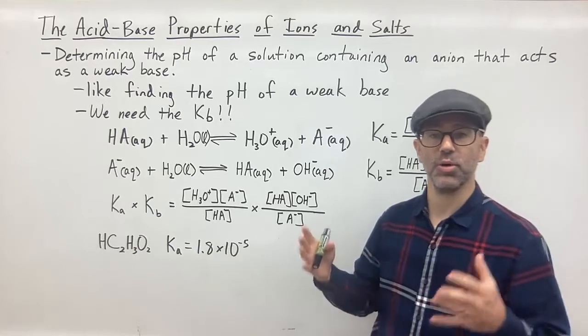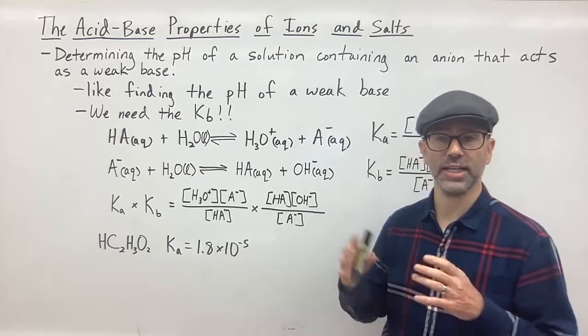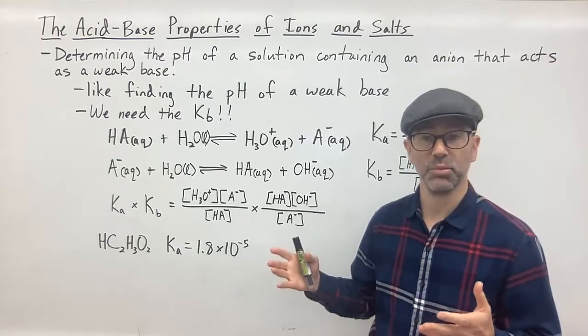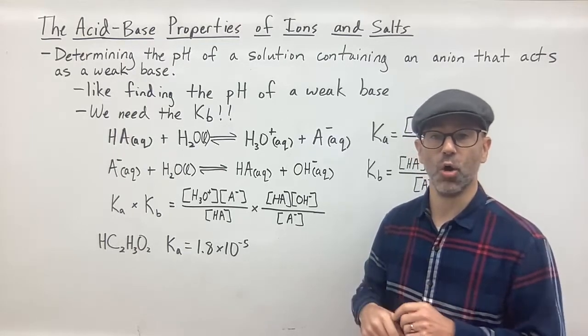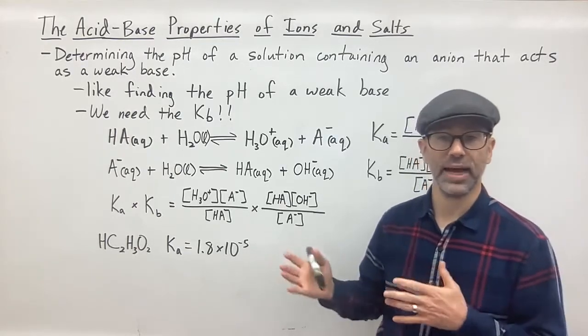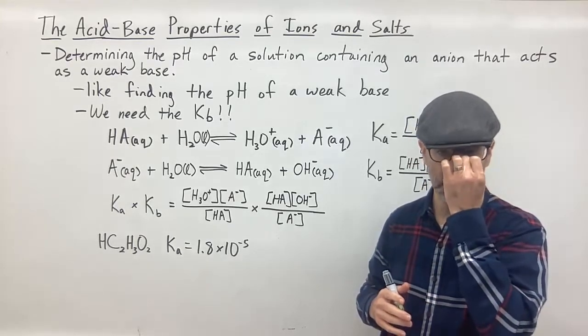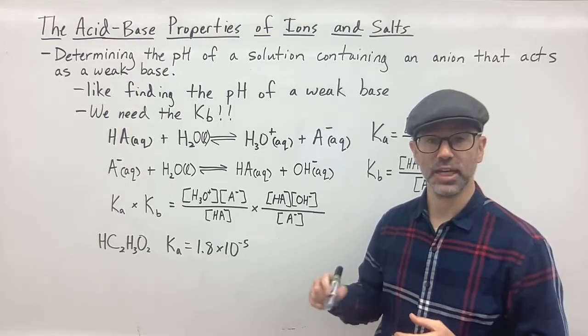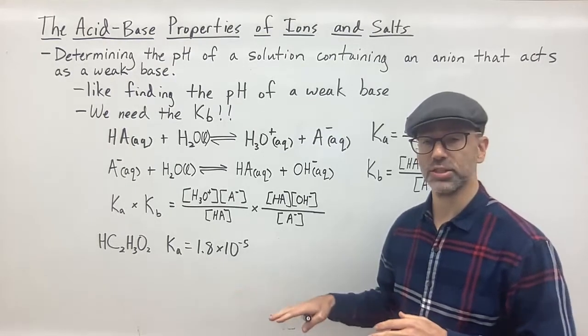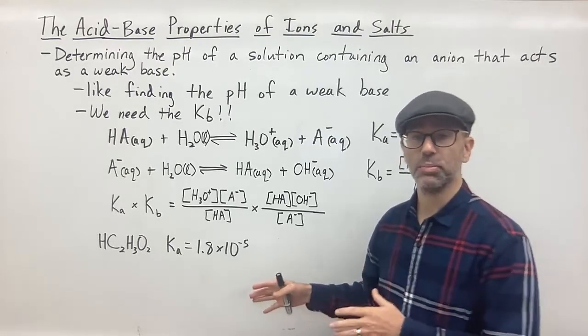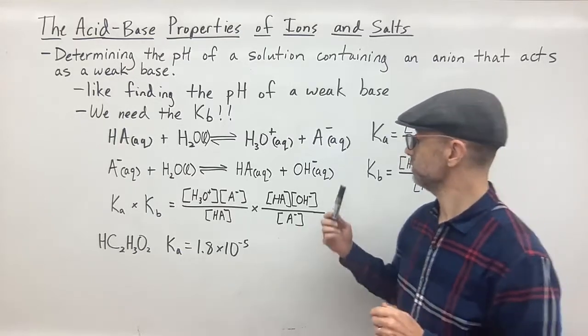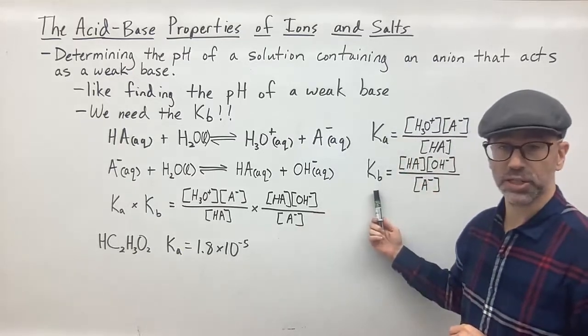And then you would set up your Kb expression, do your ICE table to figure out how much OH is produced, and plug that into your Kb expression in terms of X, right? So in your ICE table, you would figure out the equilibrium concentrations in terms of X, and plug that into your Kb expression.